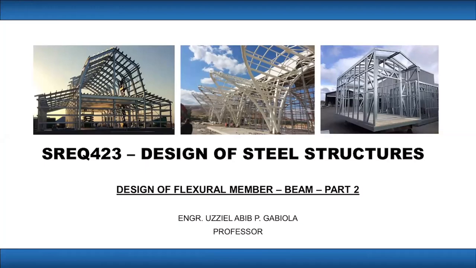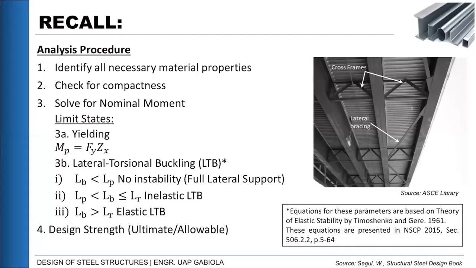Right? So as a recall of the analysis procedure we discussed before, I enumerated the steps that we will use. First is to identify all necessary material properties of the given section. This means we need to write first all the required properties such as the area, the inertia, the section modulus, the radius of gyration.